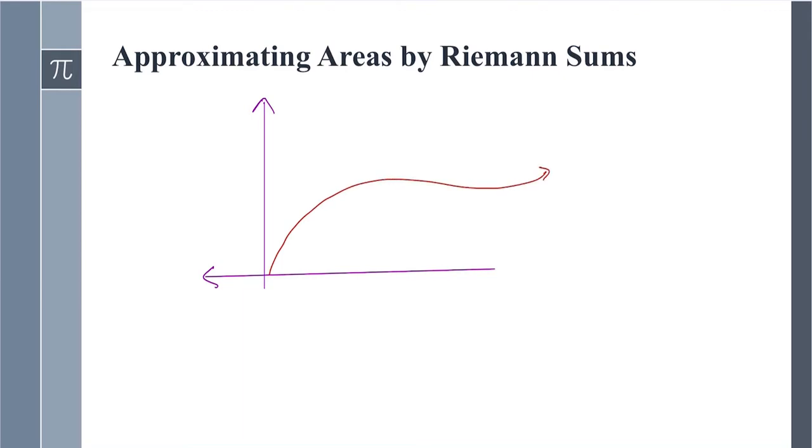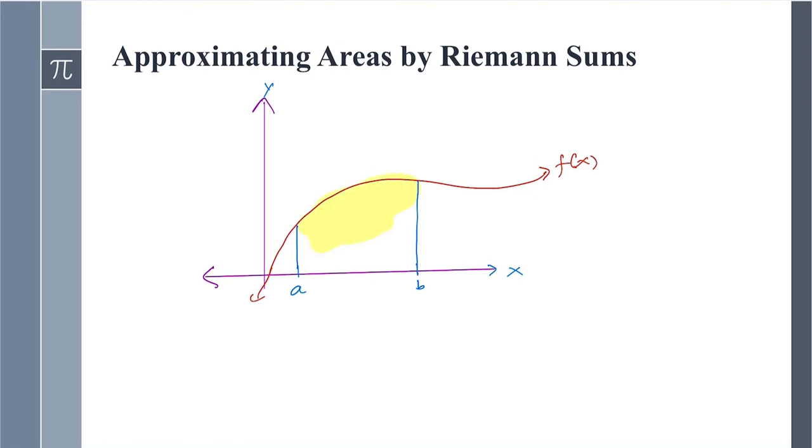The idea behind the Riemann sum is, for example, I have a curve here, let's say this is the curve of f of x. And then I want to approximate the area from, let's say, point A to B. So this is the area that I'm going to approximate.